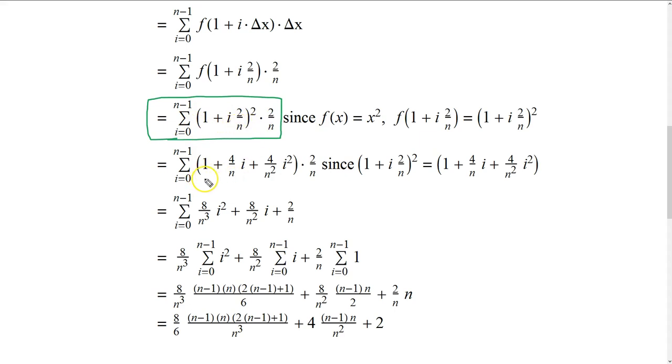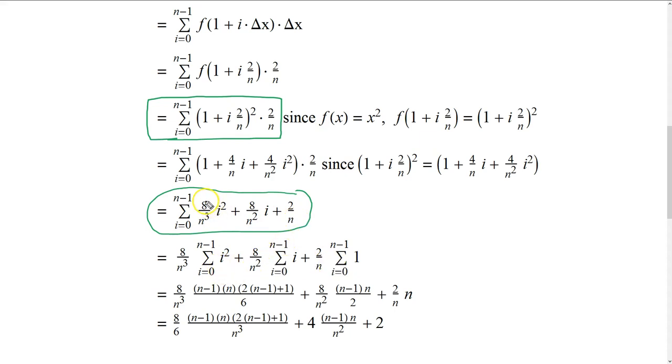This is the exact same procedure we went through before. It's only that our indexing variable is going from 0 to n minus 1 instead of 1 to n. Everything else remains the same. And then we get down to this. Once we distribute the 2 over n inside, we get down to this. And then we break our summation apart like this.